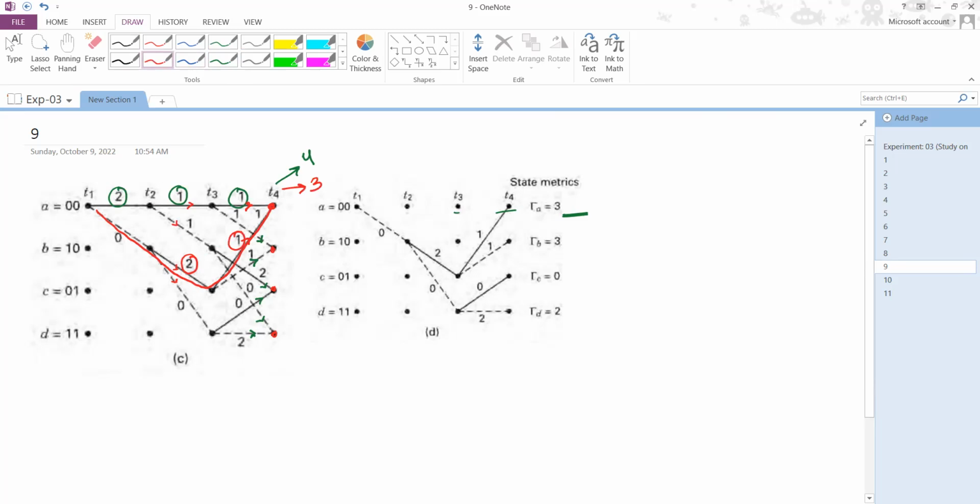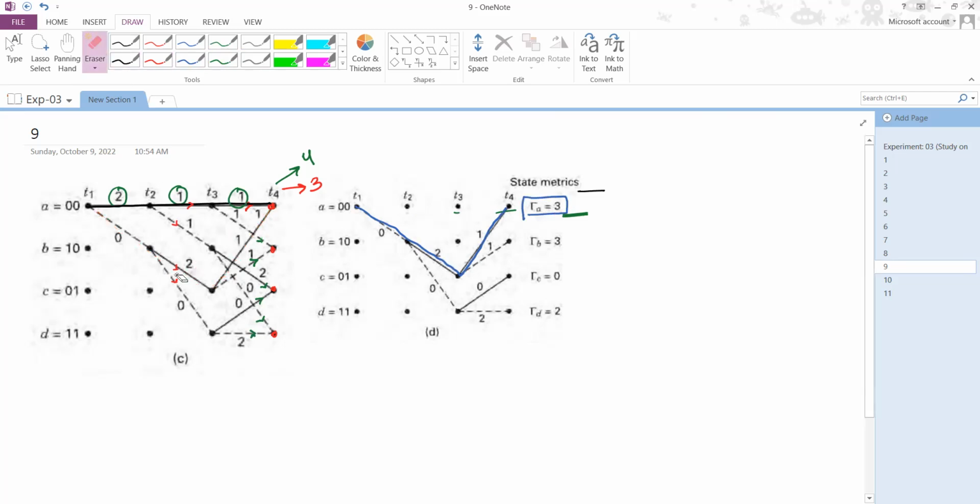As I've already told you, we have to take the minimum or the shortest possible path state matrix. That's why instead of taking this line, we'll just take the red line and discard the first line. Okay, so here in the state matrix you will see they have discarded the first line and chosen the line that had the shortest possible state matrix, which is 3.